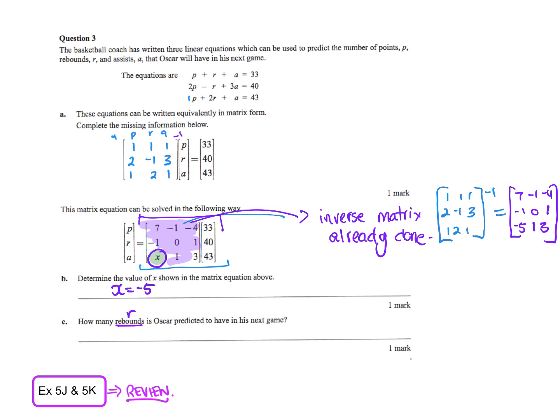Has anyone done it? Let me do it. Okay, when I type this into the calculator, knowing that's -5, I get an answer of 19, 10, and 4. So this was points, rebounds, assists. How many rebounds did he get? He got 10 rebounds. Okay?